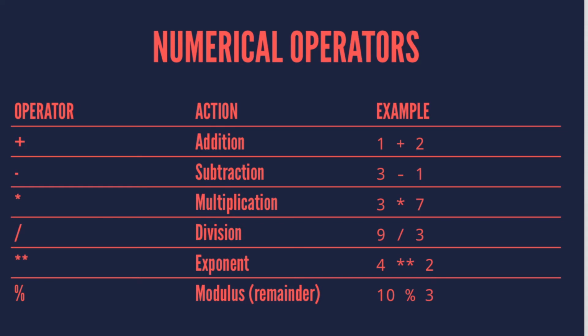And a modulus is the remainder after you divide something. So where we've got at the end 10 modulus 3, what would the answer be if you're using modulus? Correct. So 10 divided by 3 is 9, and you have a 1 remainder. So you're all doing well there, getting it right in the chat.